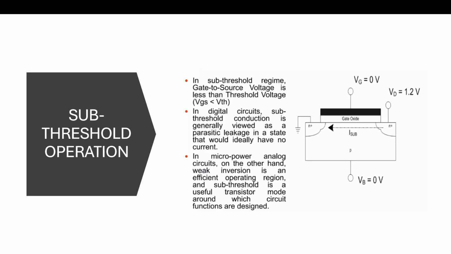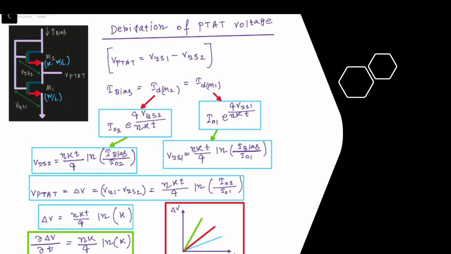Now go to the derivation part of my circuit. Here you can see in M1 that is VGS1, and VGS2 is the gate and source voltage difference of my M2. So what is my VPTAT? The voltage generated proportional to absolute temperature is my VGS1 minus VGS2. And what is I bias?